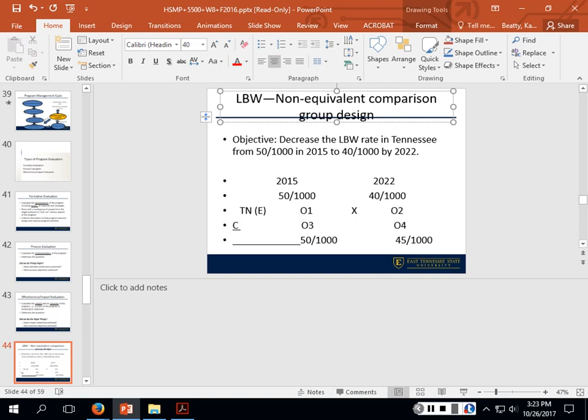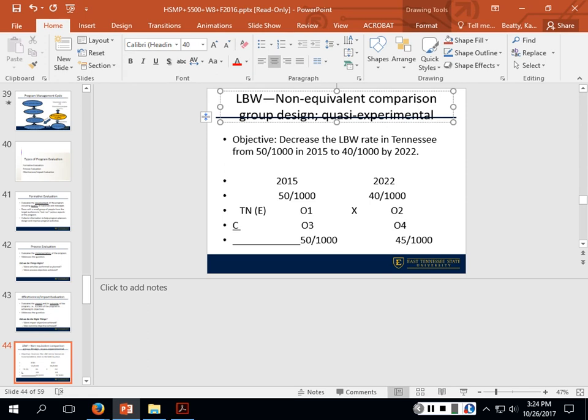Because we have a comparison group, it's not 100% equivalent to the experimental group, again because it was not established by randomization, it was established by matching. And this is a quasi-experimental design.